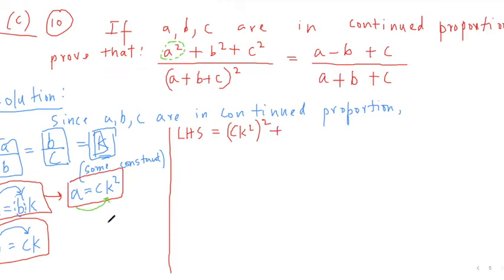Plus B squared. So B is equal to CK. So I can write, in fact, B squared is also equal to AC, right? Because this is continued proportion.